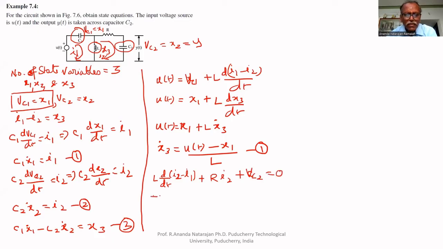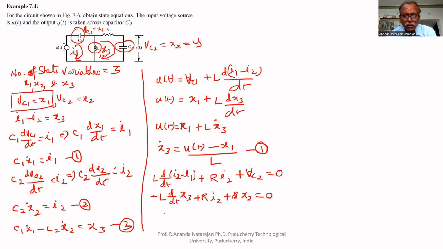So minus L d by dt of x3, because I1 minus I2 is x3, that's why I2 minus I1 becomes minus L d by dt of x3 plus R I2 plus VC2. VC2 equal to x2, equal to 0.